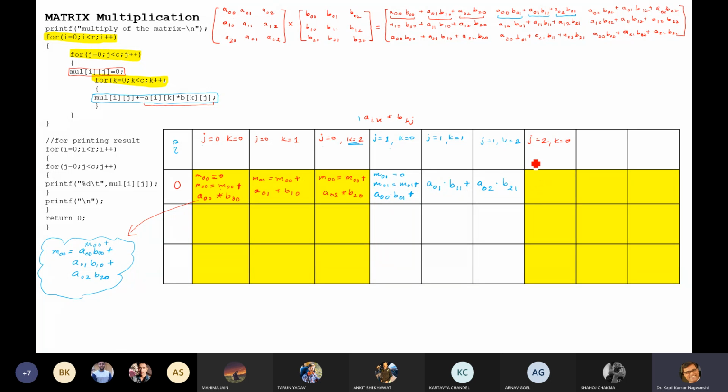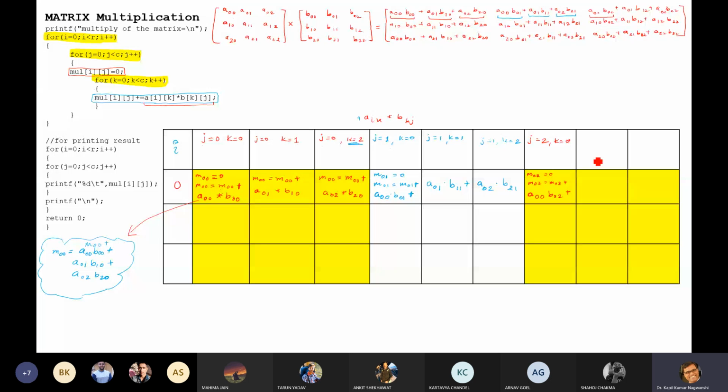Initially again M02 will be coming, that is equal to 0, and then M02 equals M02 plus A IK. I is 0 and K is 0. B KJ, K is 0 and J is 2. And then plus. So this is our term 0, 0 and 0, 2.